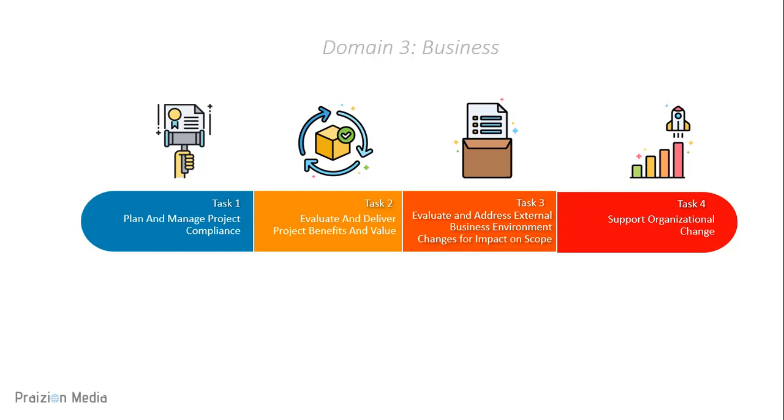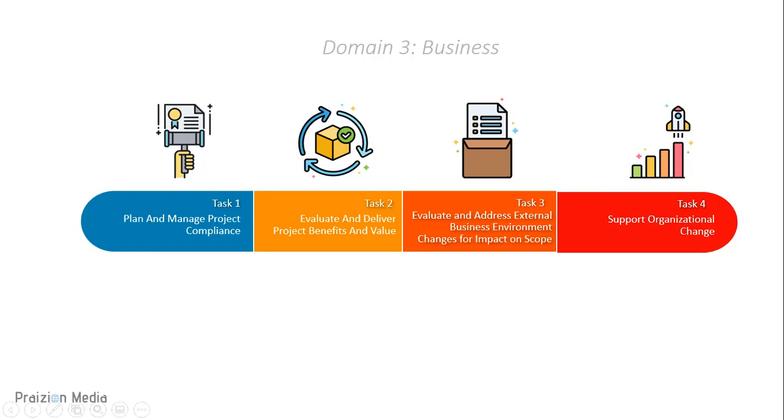So if I was going to make a switch between 1 and 2, my preference would be 2, but that's okay. The third one, evaluate and address external business environment changes for impact on scope, goes without saying. That should be happening all throughout the project. And support organizational change is really what the project should be about at a high level. So no need to change this by much.